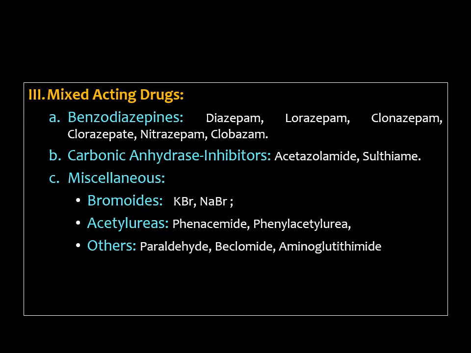And then among the miscellaneous group, some bromides like potassium bromide and sodium bromide, a very old group, and acetylureas, and among the others, paraldehyde, still in some conditions of fits, a very useful drug. So these were the clinical usefulness of these anti-epileptics.